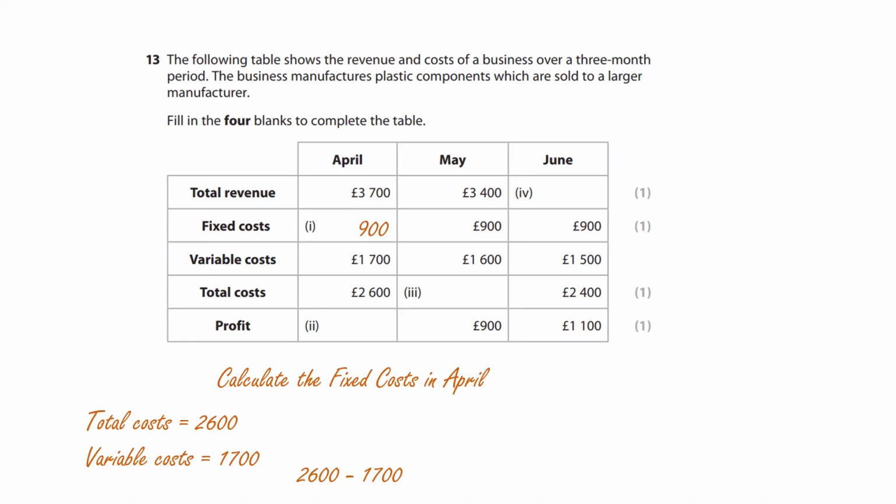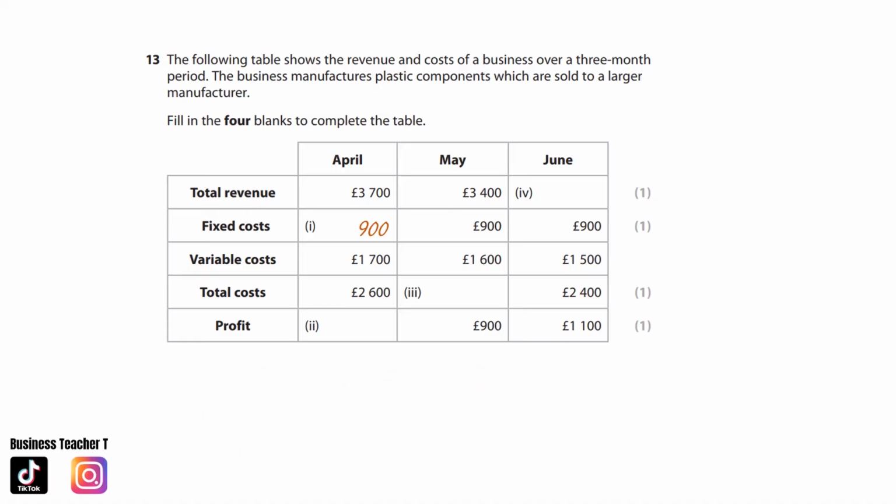The answer is £900. Next part of this question requires us to calculate the profit for April. In order to do that, we can deduct total costs from total revenue. So that's £3,700 minus £2,600, and that gives us £1,100.